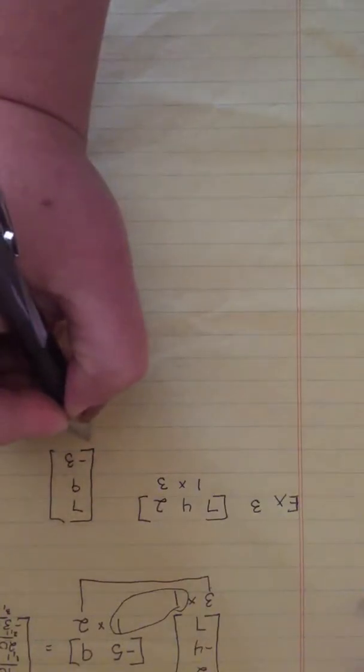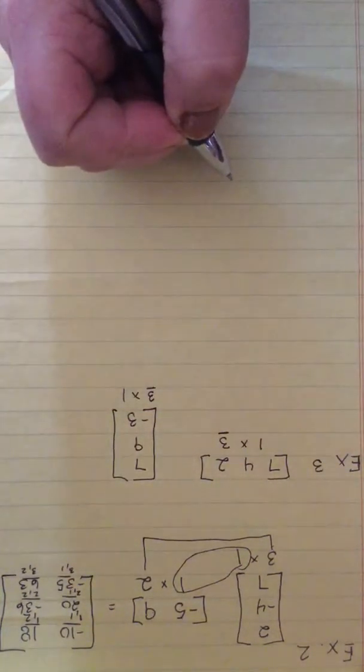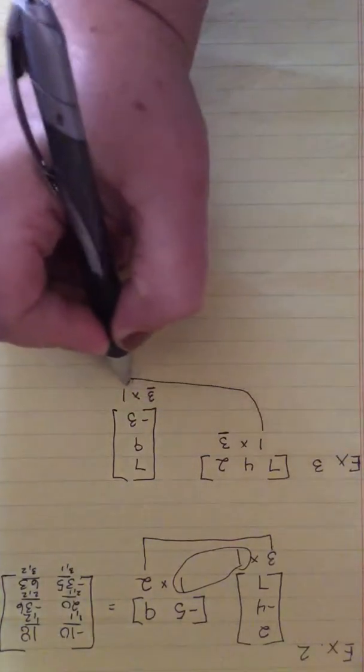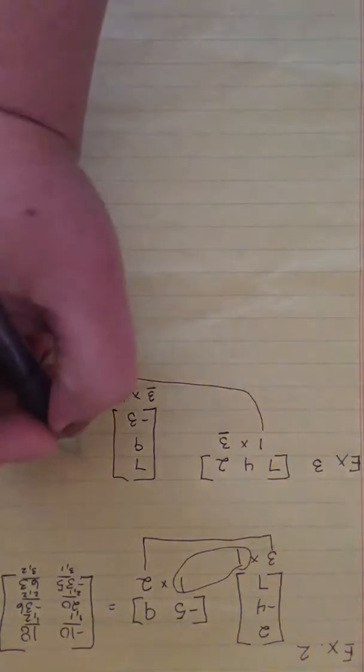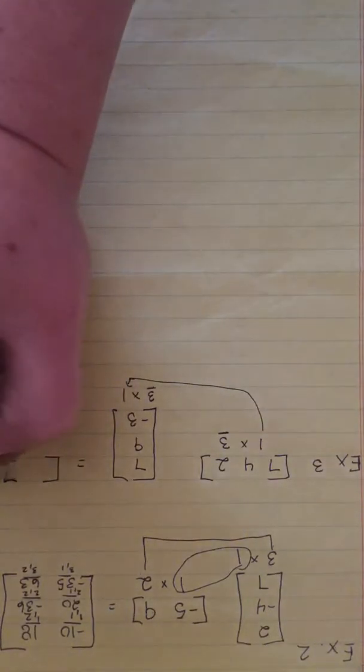We'll multiply that times a 3 by 1. Okay, so again, we know we can multiply, column and row match, so inner dimensions match. Outer dimension, well, my answer is just going to be a 1 by 1. That's basically a single element matrix.